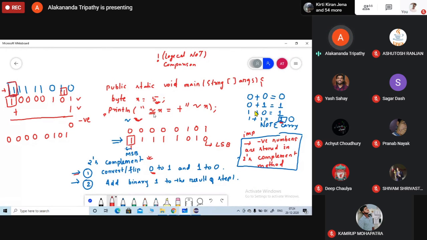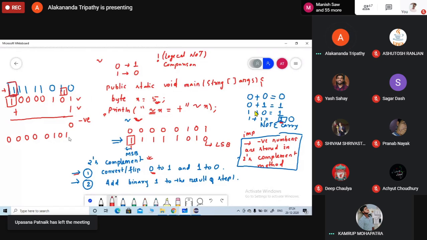What we are going to do? Complement. कॉम्प्लीमेंट निकालना है. कॉम्प्लीमेंट आएगा तो 0 क्या हो जाएगा? One. और 1 क्या होगा? 0. Okay. So this 1 will be converted to 0 and 0 will be converted to 1.